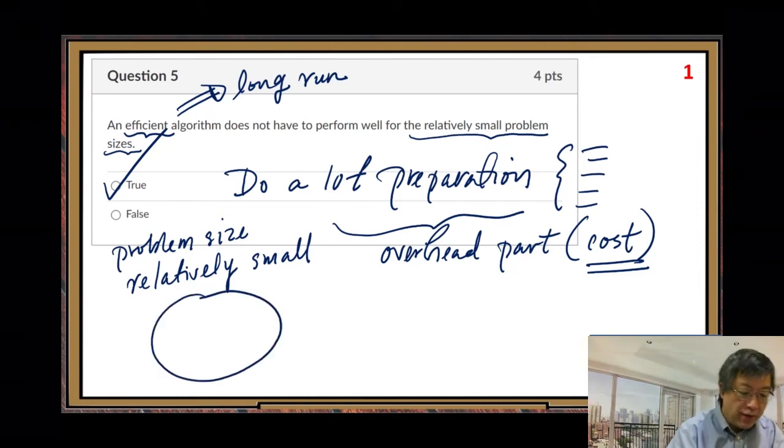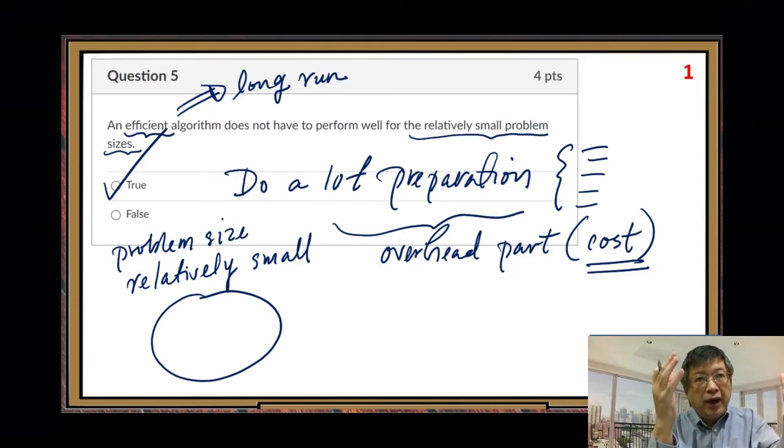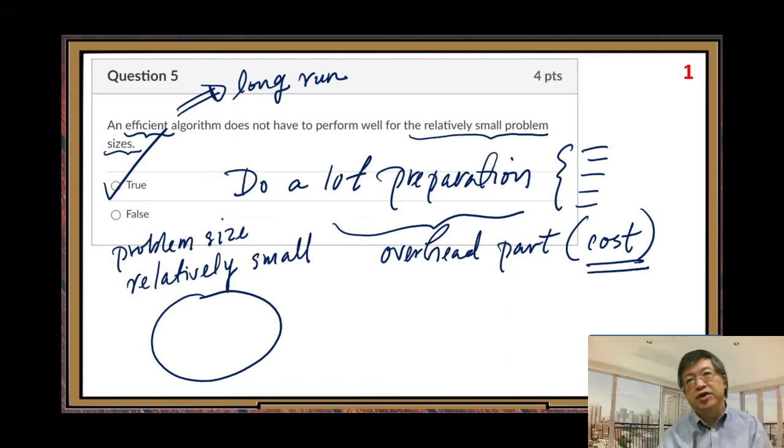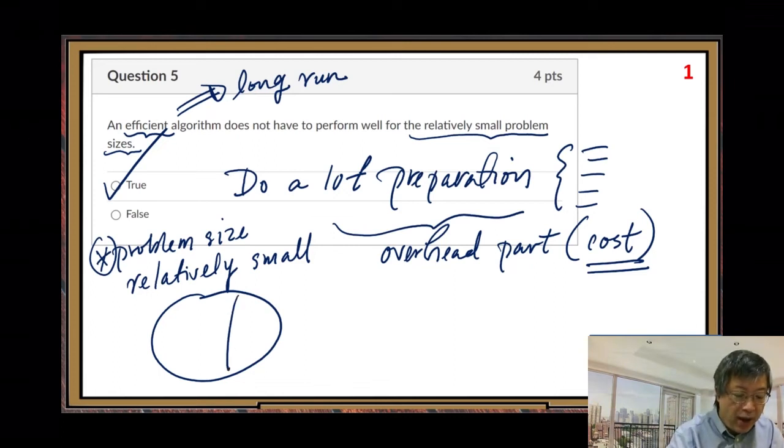Suppose this circle represents the total execution time we need to use solving this problem, given this problem size. When you do it, you need to pay this much for the overhead.